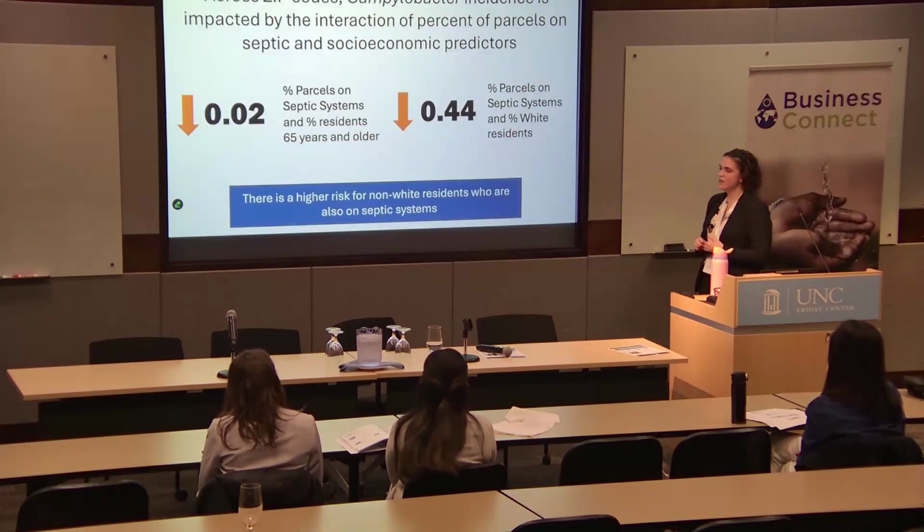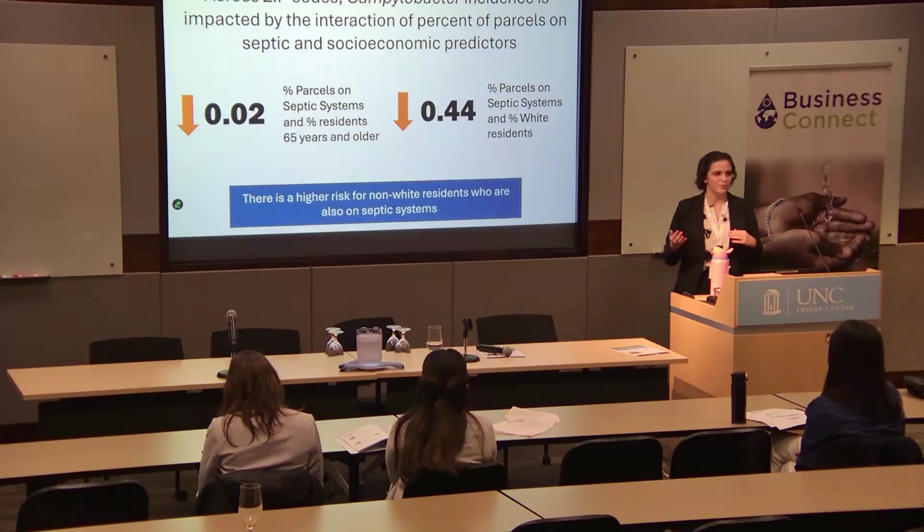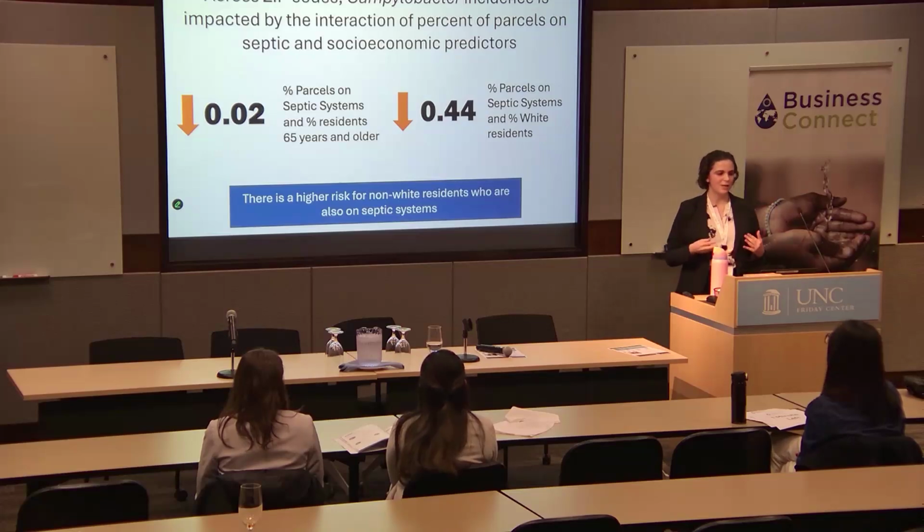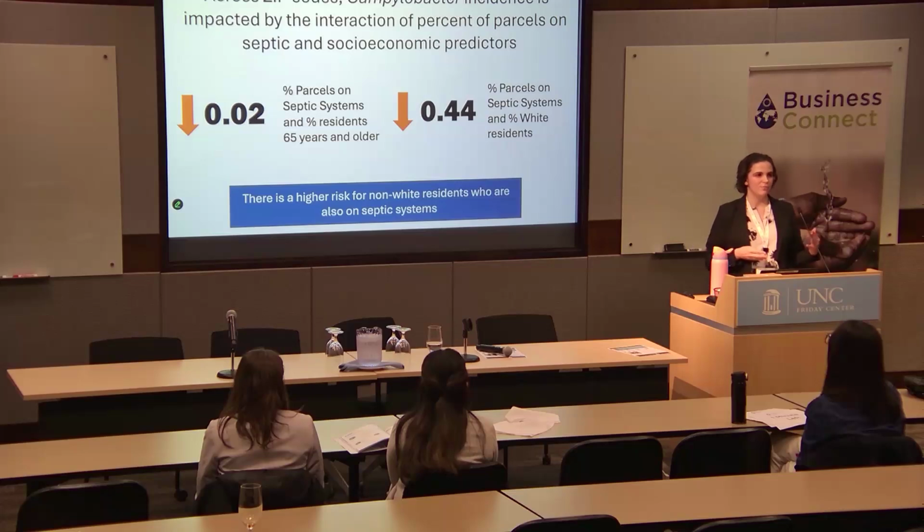Then I ran my multivariate negative binomial model, again looking for those interactions, and I was finding that for the interactions between percent of parcels on septic and socioeconomic predictors, there were two significant negative associations. So this is percent of parcels on septic systems and percent residents 65 years and older, and the other is percent parcels on septic systems and percent white residents.